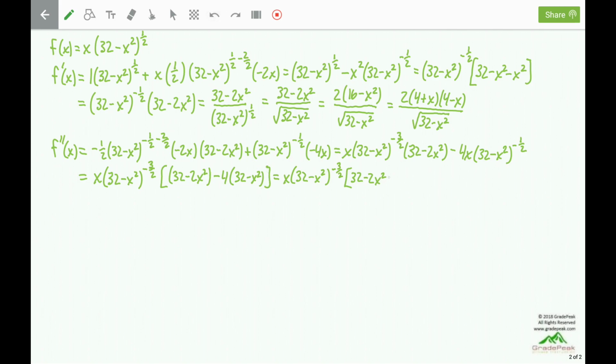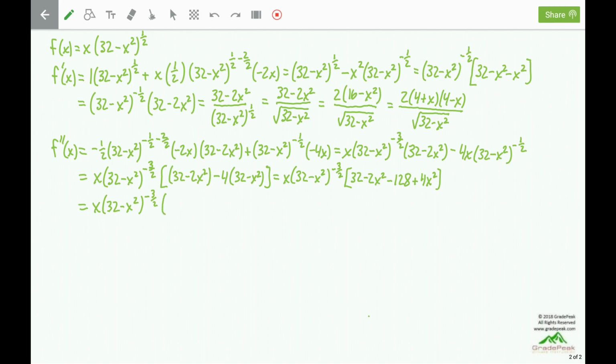Negative 4 times 32 is negative 128, and then plus 4x squared. So we have an x, we have a 32 minus x squared to the negative 3/2.